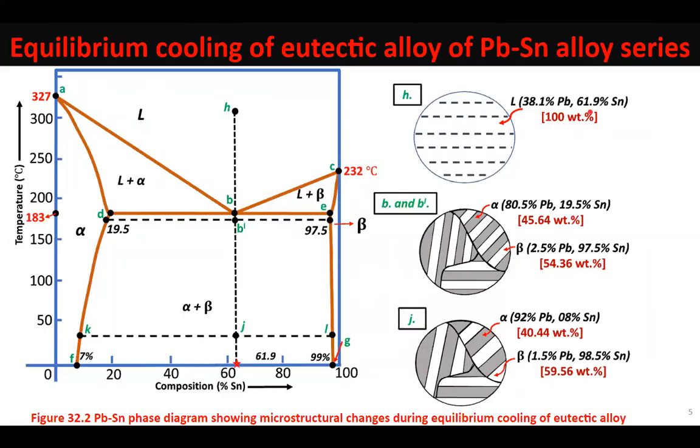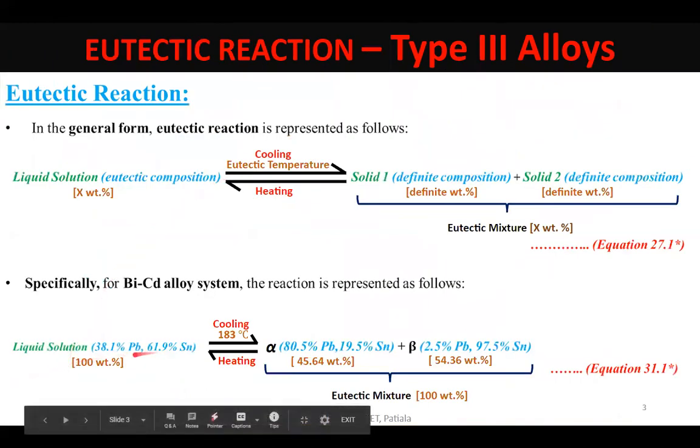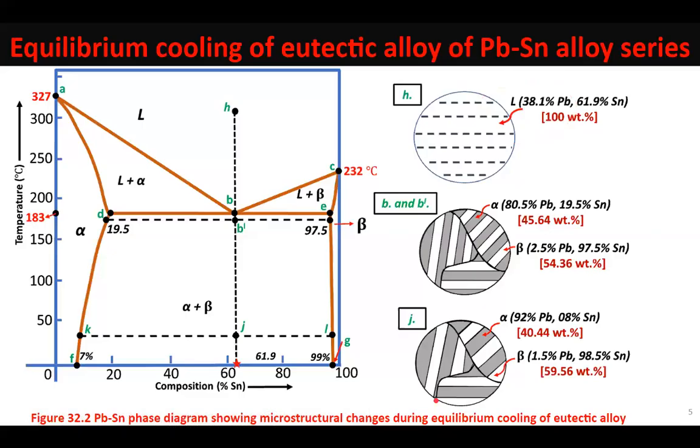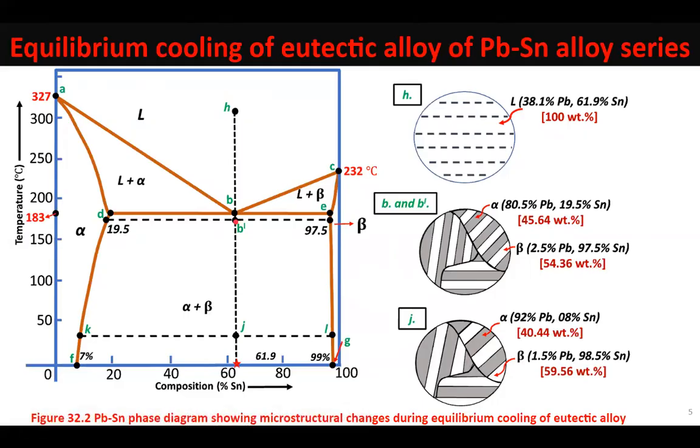So both the conditions which are required for the eutectic reaction, a liquid phase of eutectic composition and the eutectic temperature, are available. And according to this reaction, 100% by weight of liquid will convert into 100% by weight of eutectic mixture, and that is what is shown at this point B dash, which is a fraction below the eutectic temperature of 183 degrees centigrade.